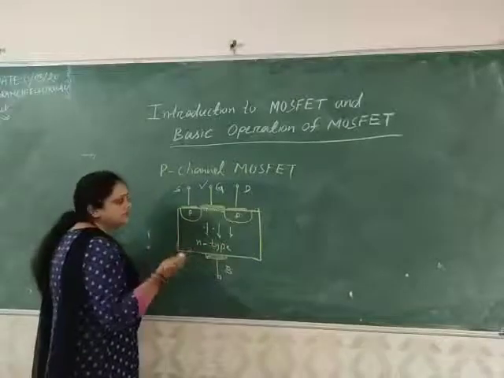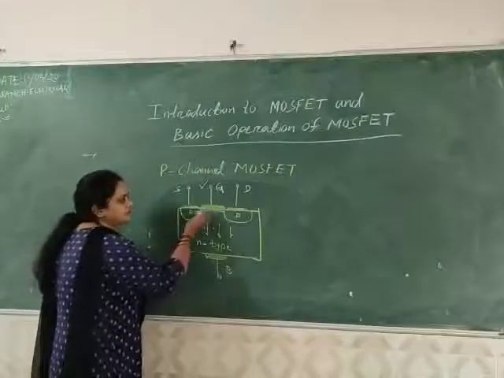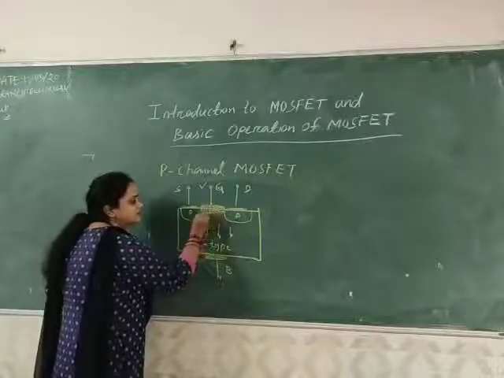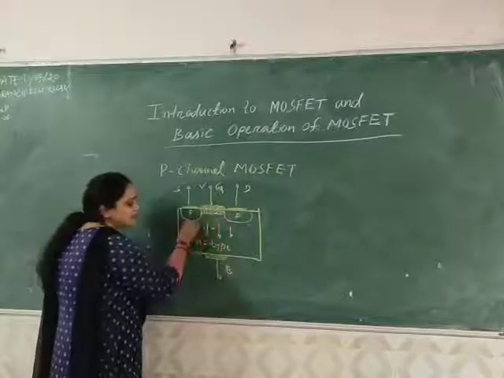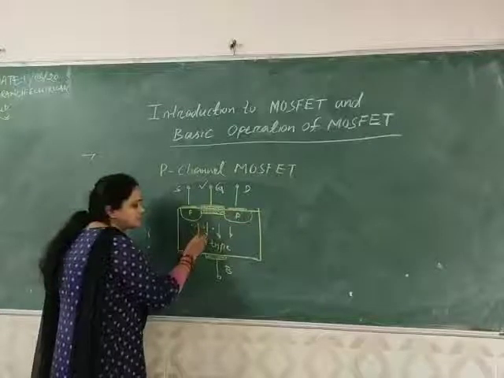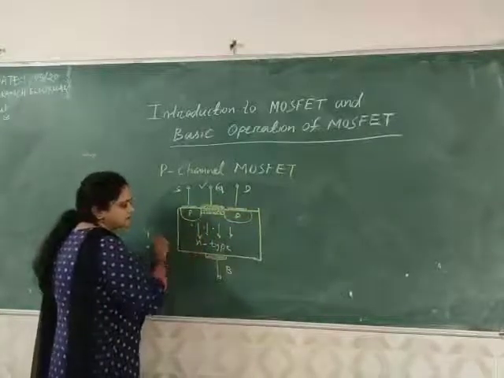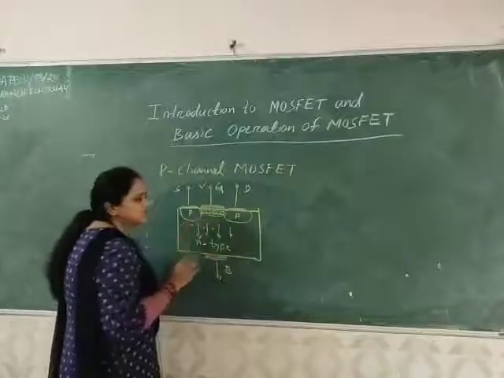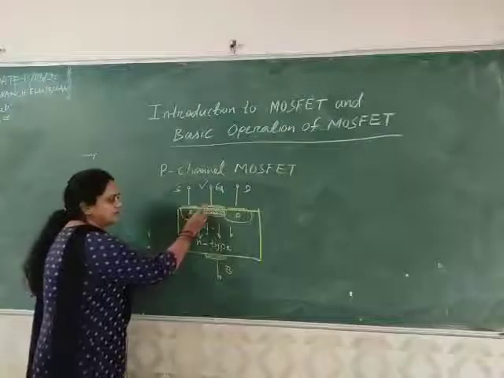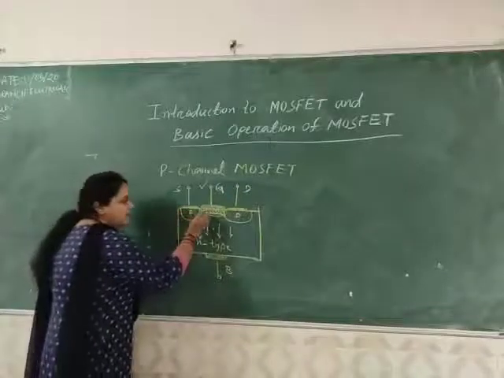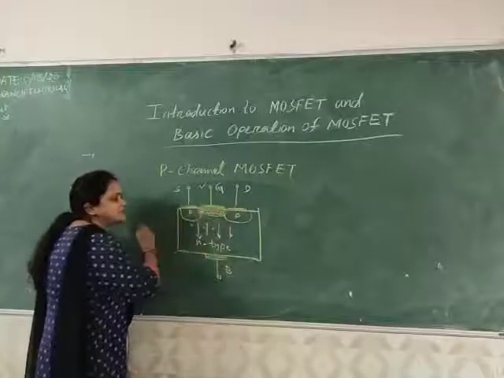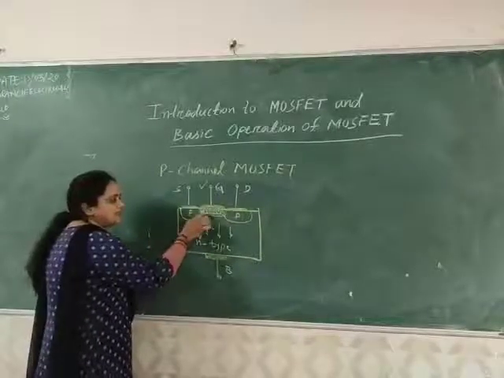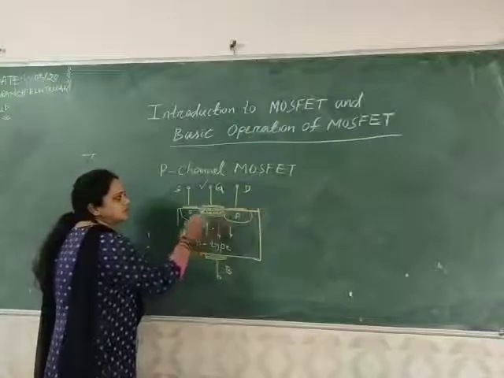As we increase the negative voltage further, the number of holes accumulated at the surface also increases, and the electrons are pushed down and down in the substrate. And after some time, in this region we can say the majority charge carrier is hole, and this layer becomes P type. This layer is known as the inversion layer and acts as a channel between source and drain.